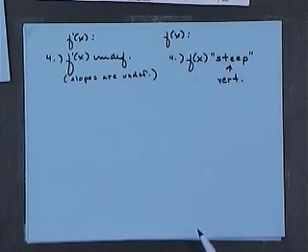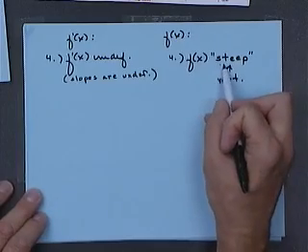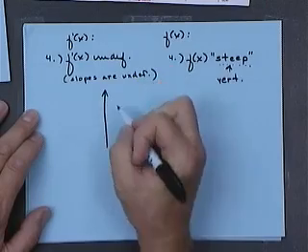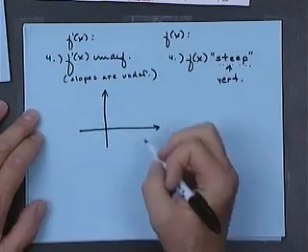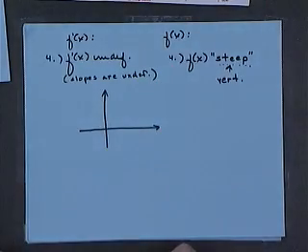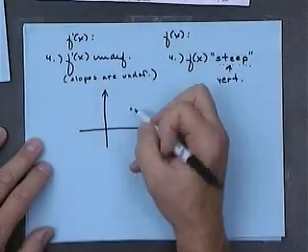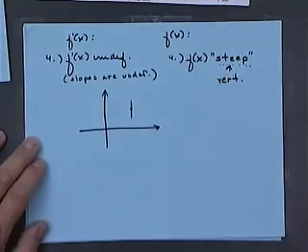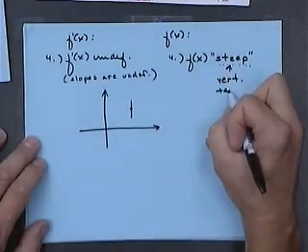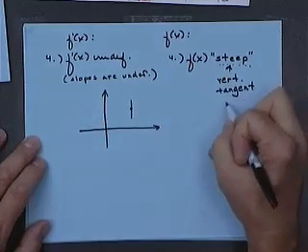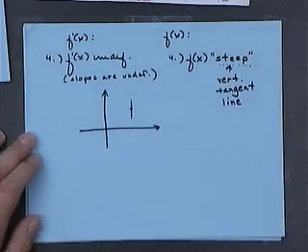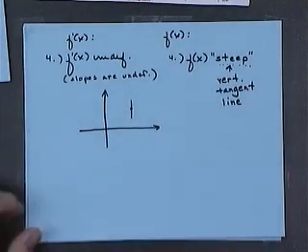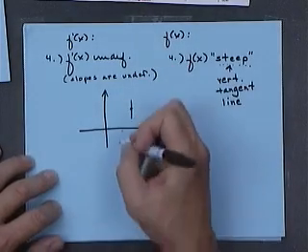Now, there are lots of ways that you can get to this steep picture. And I don't think we've looked at this particular type of picture. Let me draw the tangent line first. So it's a vertical tangent line. Now, if there is a point there, we want to include that dot.